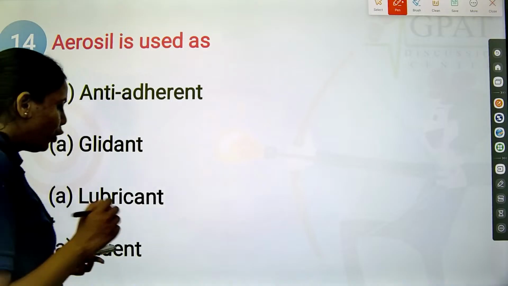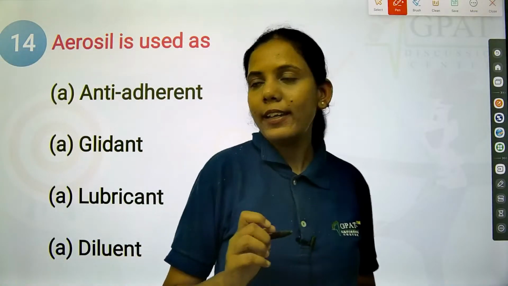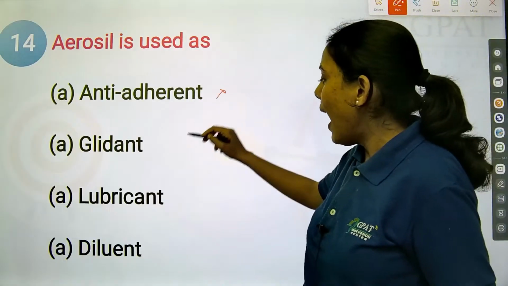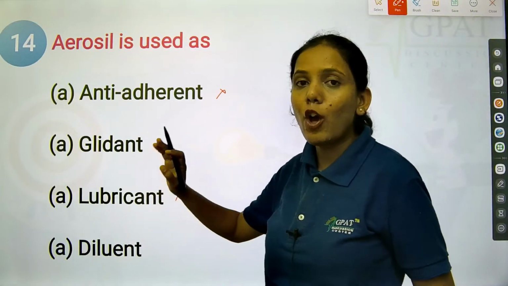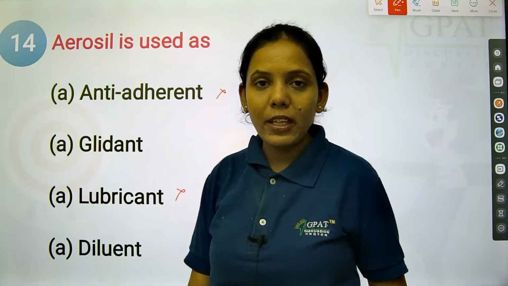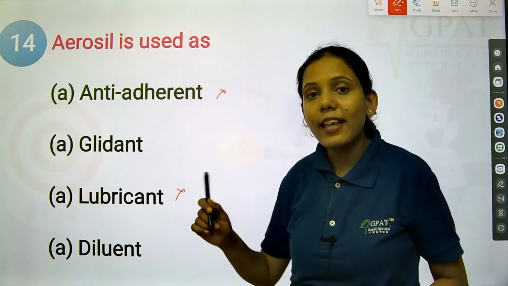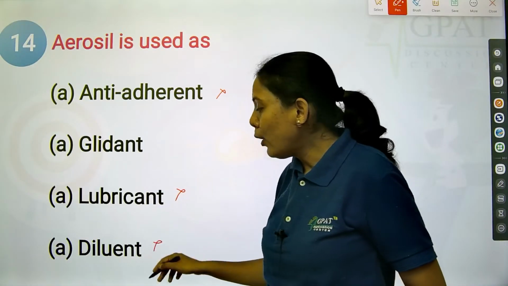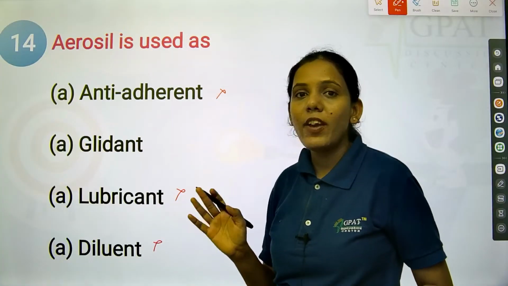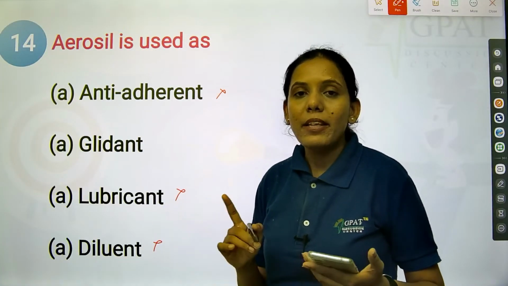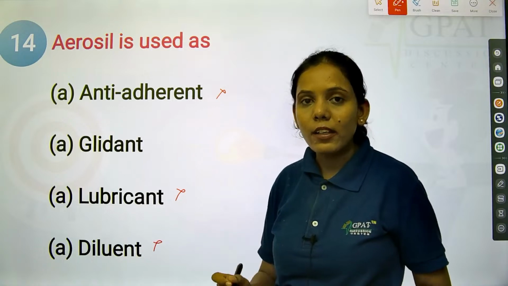Anti-adherent, glidant, lubricant or diluent. First of all, it is not about anti-adherent. Anti-adherent and lubricant are similar. When we talk about magnesium stearate or aluminium stearate or any metal stearate, that will come under lubricant. Diluent is not there because aerosil we are not using in that much quantity. Basically your lactose and all will come under the diluent.